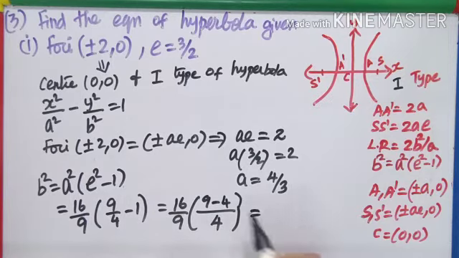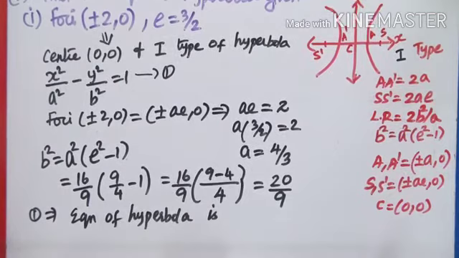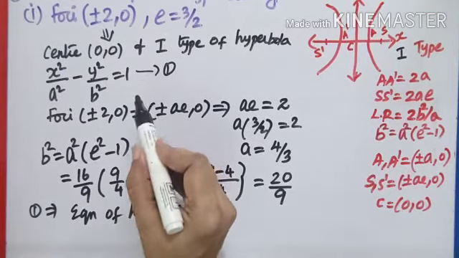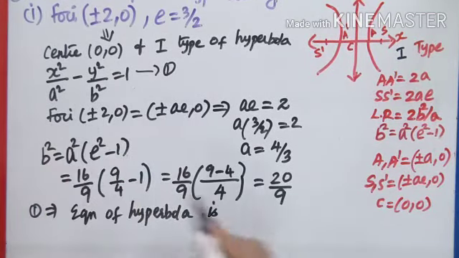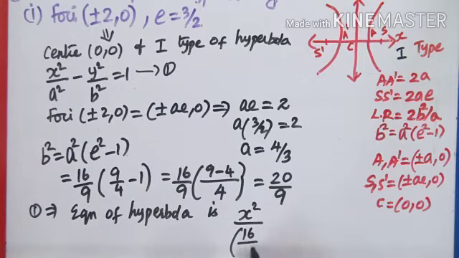As I cancel, I get 20 by 9. So equation of hyperbola is from the first equation where I have to substitute A square and B square. X square by A square is 16 by 9 minus Y square by B square is 20 by 9, which is equal to 1.